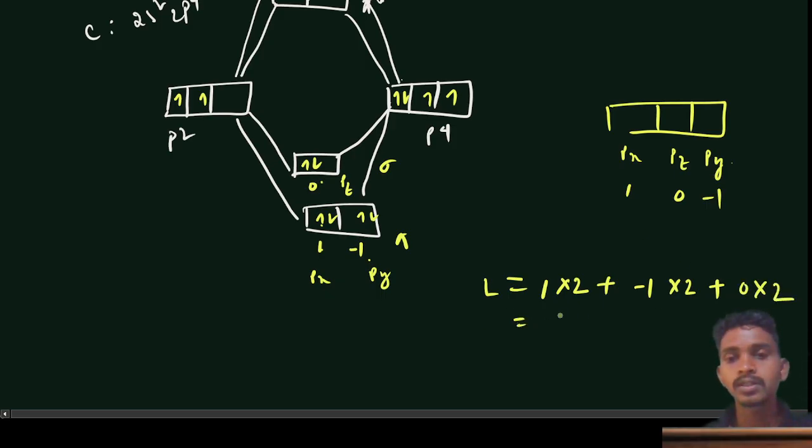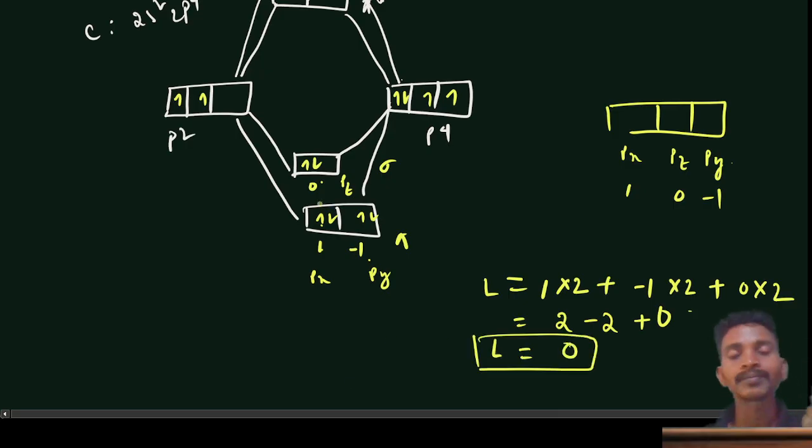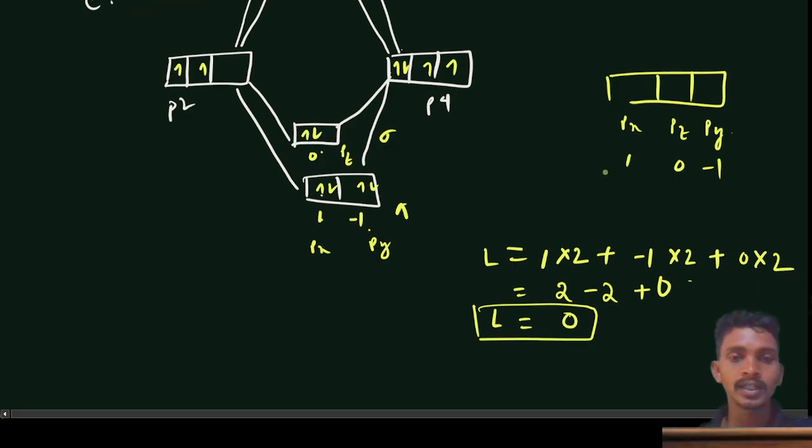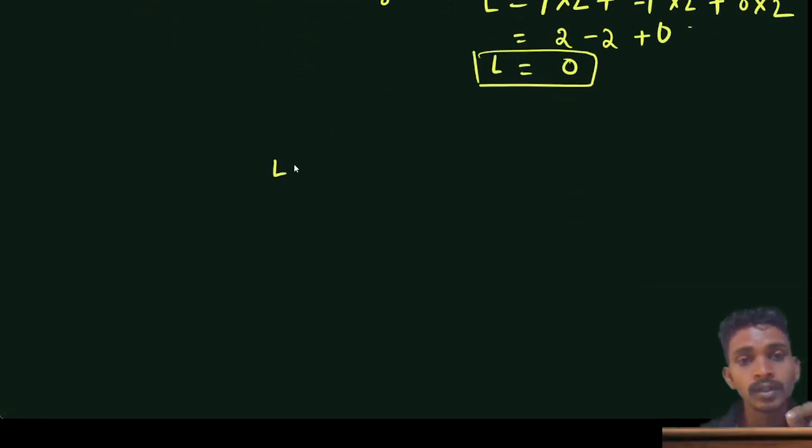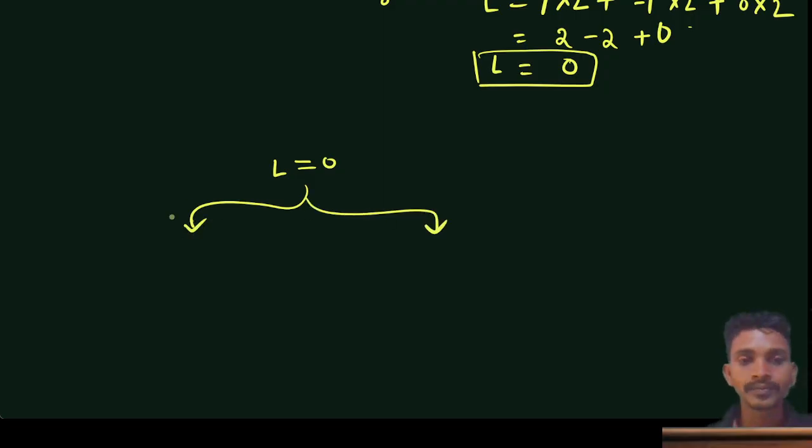So this is 2, this is minus 2 and this is 0, so the total value will be 0. So if L is 0, whenever L is 0, go for two conditions. One condition is L is 0 and always this is sigma.